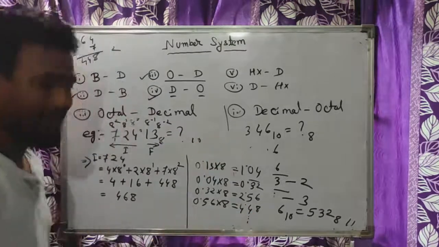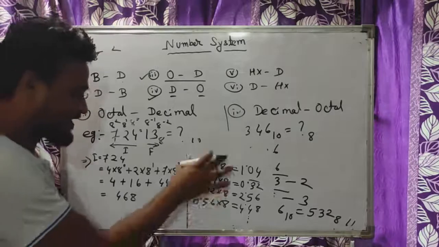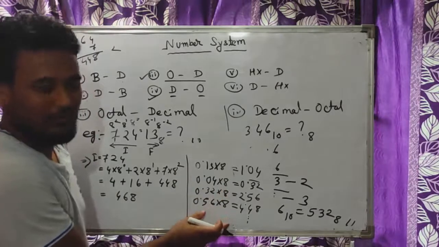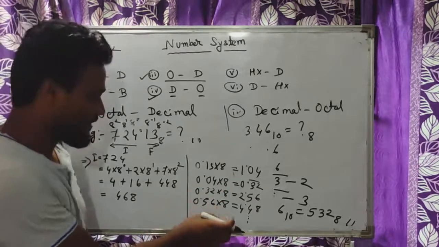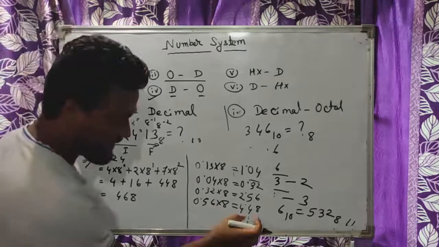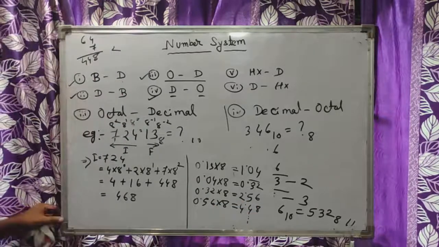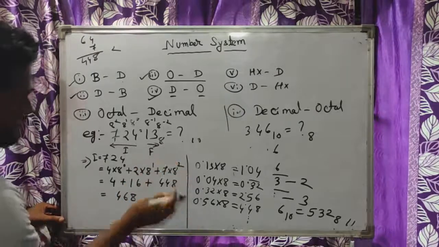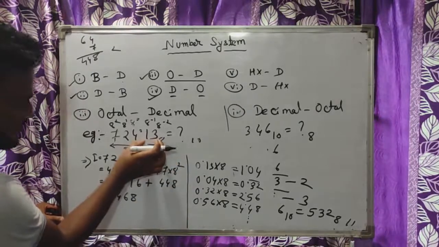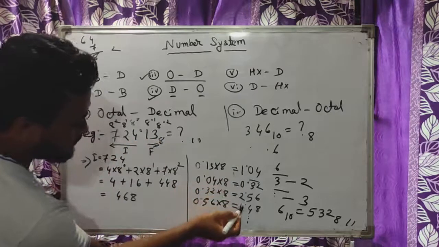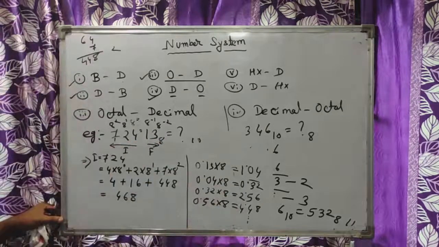Like I said in the previous class, just try to show 5 to 6 terms of multiplication, then you can put dot dot dot if you are not getting exactly 0. So that means our decimal equivalent for this fraction will go on like this, right?